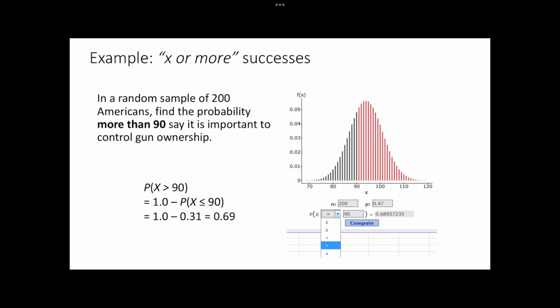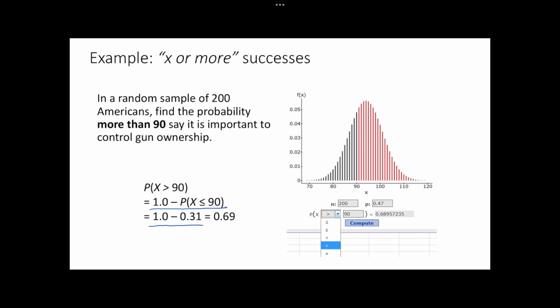And so I can use the complement rule. So the probability that X is greater than 90 is 1 minus the probability that X is less than or equal to 90, which is what we found on the previous slide. So that's 1 minus 0.31, which gives you 0.69.